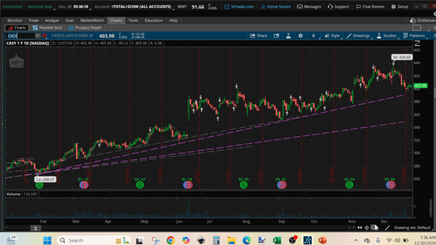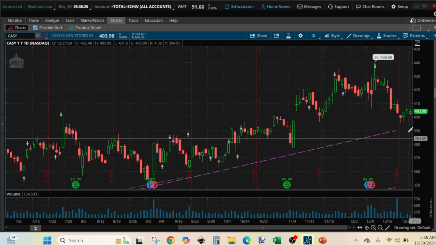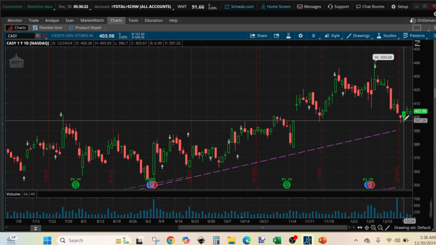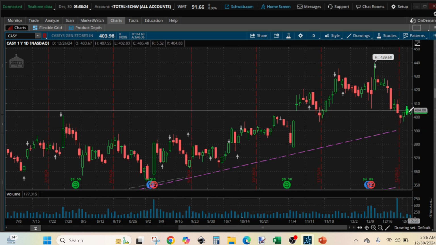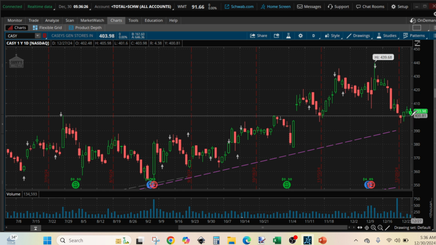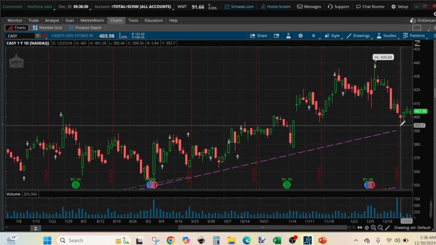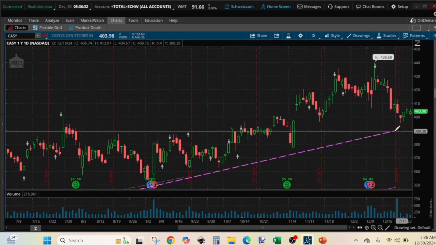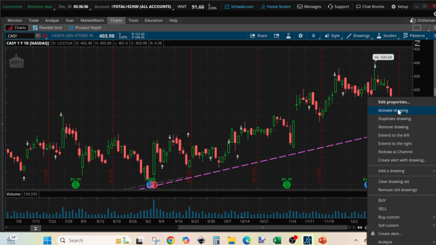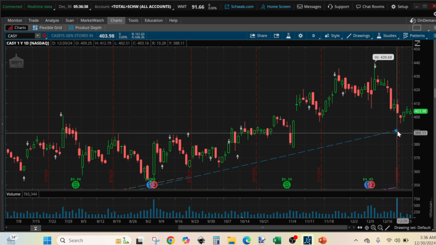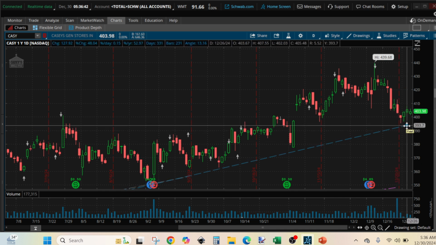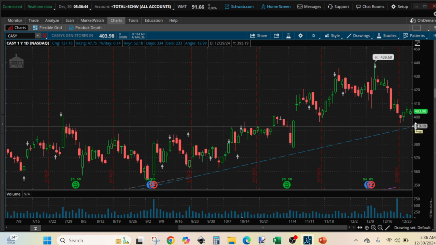KC touched it, and we are going to wait for a pullback to see if this line is where it is going to end, or if it's going to continue going down, for us to trace to see that it's going to be following this trend line.